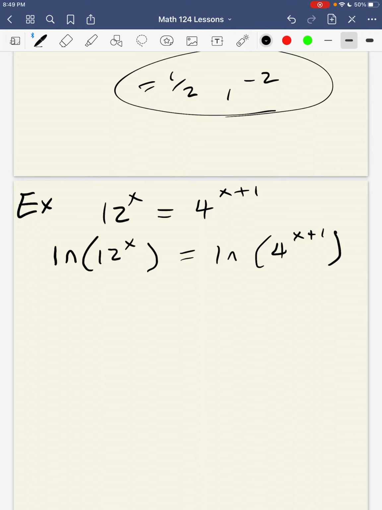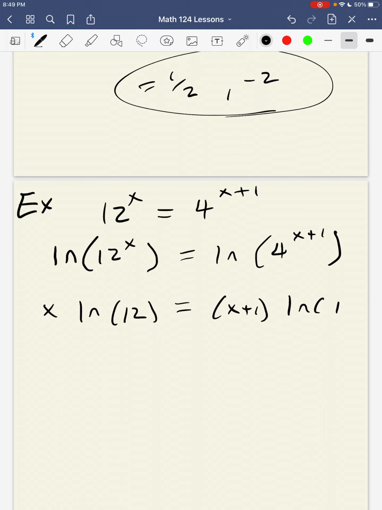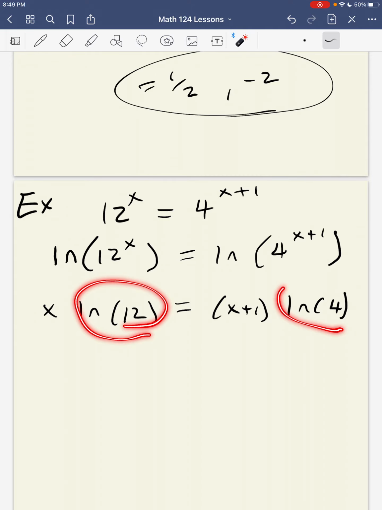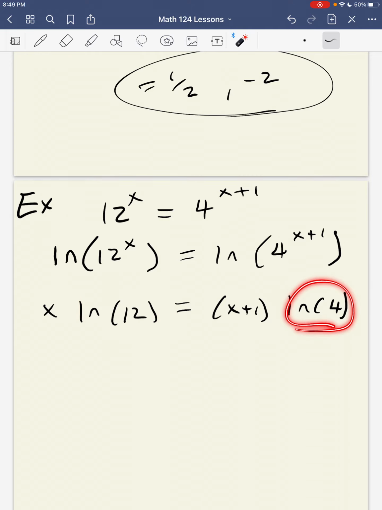Okay, so now we have x times log 12 equals x plus 1 times log 4. Okay, and these are just numbers. They're constant numbers, so don't let those trip you up. We're solving for the variable, and everything else are numbers.